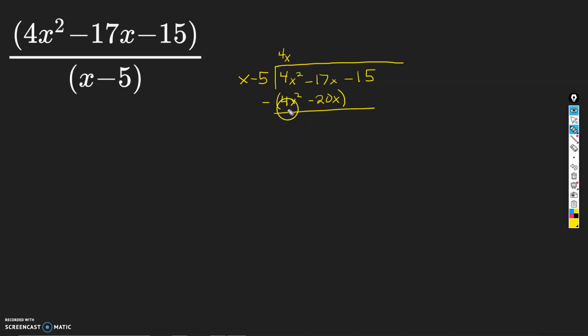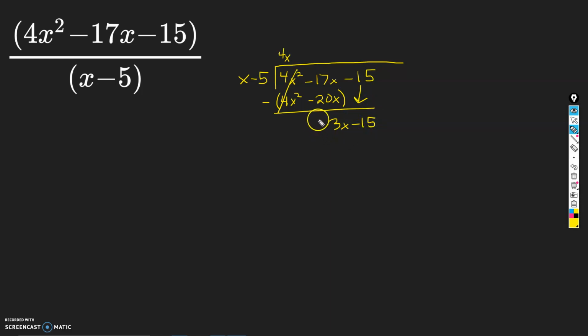So 4x squared minus 4x squared, that's 0, perfect, those guys cancel out. Negative 17x minus negative 20x, that's going to turn to plus because negative, negative. So it's really negative 17x plus 20x, so that'll give us 3x. And then the negative 15 is going to drop down.